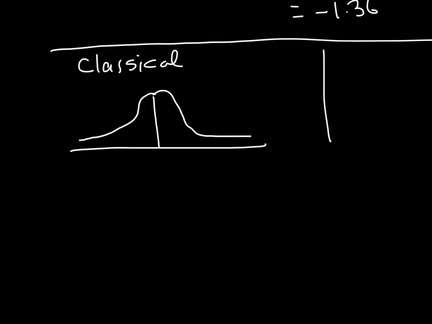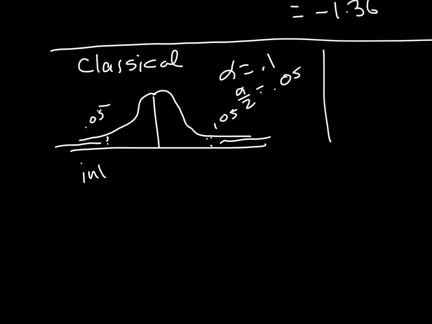Okay, so what was alpha? 0.46. No, that was p hat. It was 0.1, right? So then I'm going to split that 0.1 up between the two tails. If I divide 0.1 by 2, I'll get 0.05. So we're going to put 0.05 in the right tail, and we're going to put 0.05 in the left tail. Okay, so if we're looking for a z-score, that's an inverse normal problem.